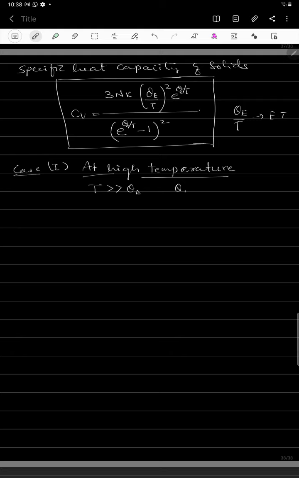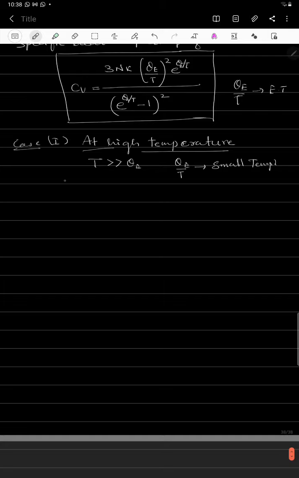So θE/T, where θE is the Einstein's temperature, is a very small quantity, a very small value.